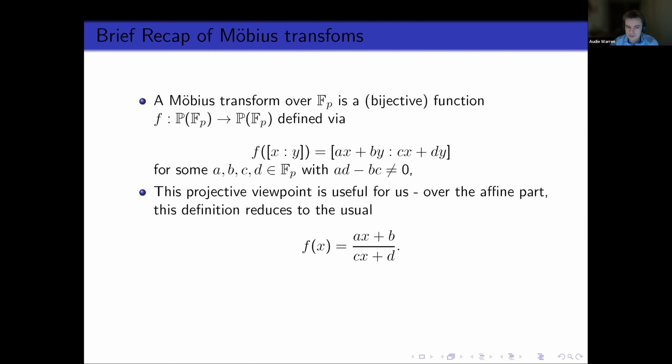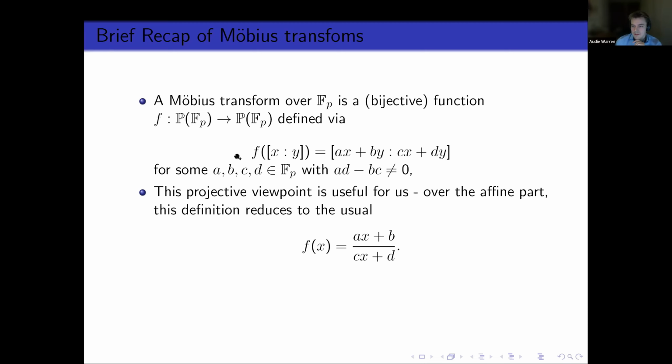So for this talk, we're going to only talk about Möbius transformations over the finite field F_p. It's a bijective function going from the projective space over F_p to the projective space over F_p, defined by this projective equality.